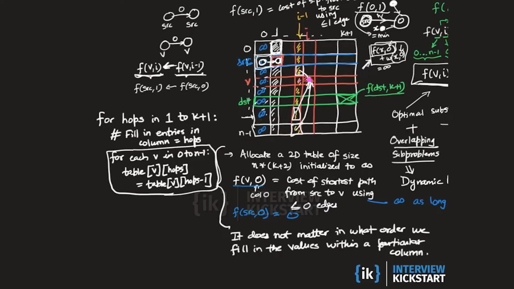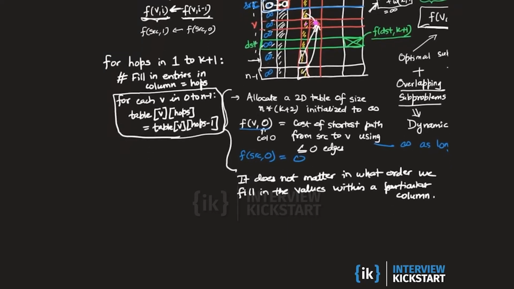What is even more subtle is that even for a particular vertex, it does not matter whether I look at all of its predecessors in one shot or whether I look at them one at a time with some gaps in the middle. What I mean by that is, let's say vertex v has 3 predecessors in the graph, so I have some baseline value for f of v comma i, which is basically f of v comma i minus 1.